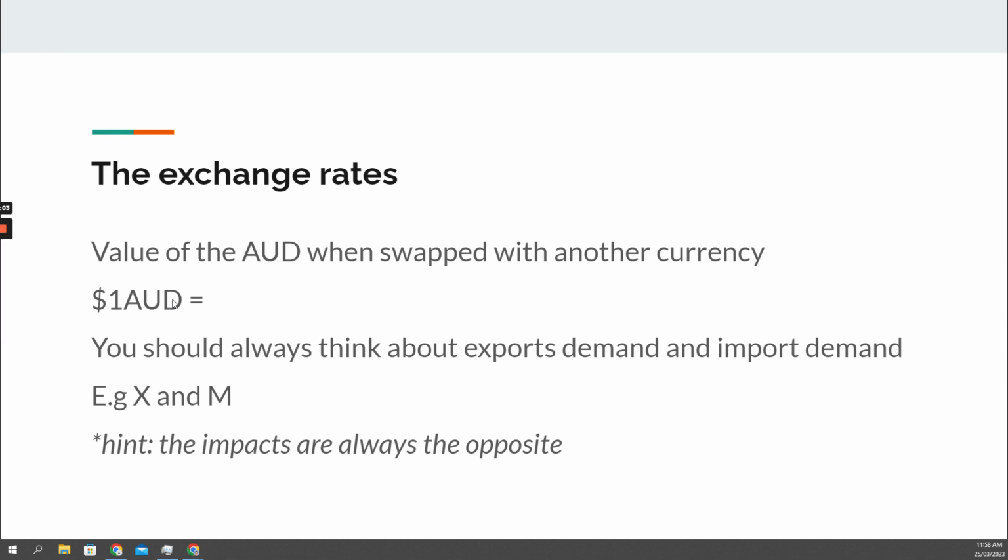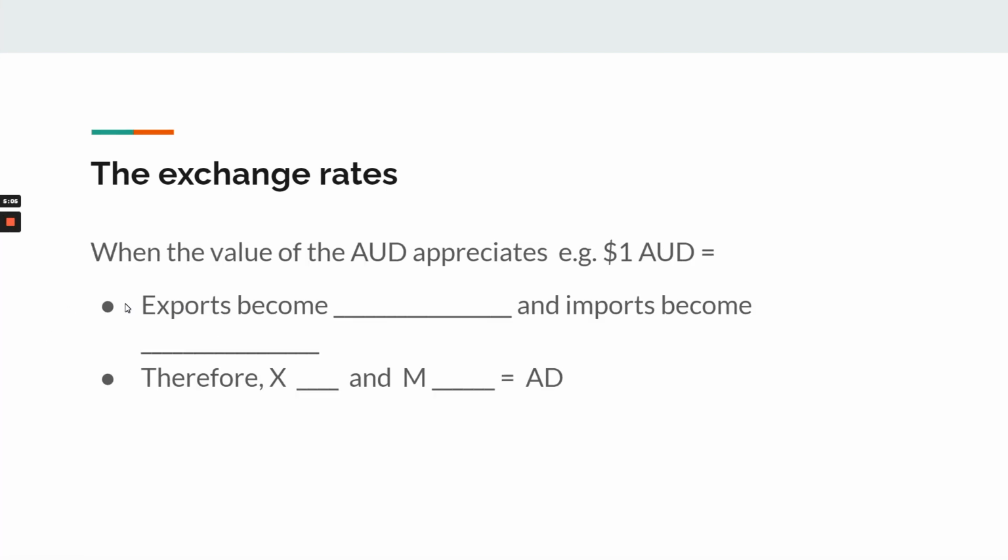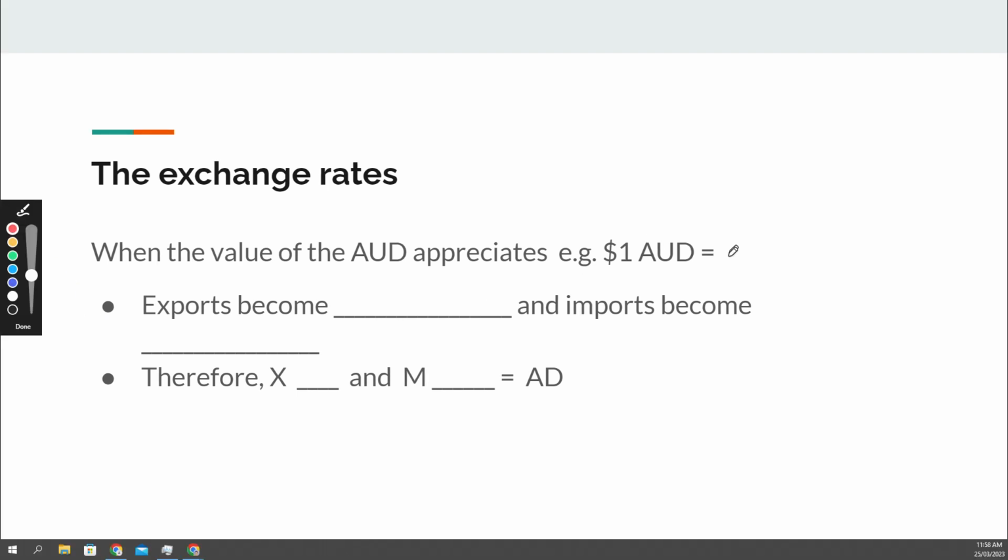Let's have a look. So, if we have an appreciation of the Australian dollar, like I said before, that means the value of 1 AUD increases to, say, let's call it 80 cents. That means for our exporting industries, their goods and services become more expensive. I'm not going to write that out, but exports become more expensive and imports become cheaper because our Australian dollar will buy more overseas.